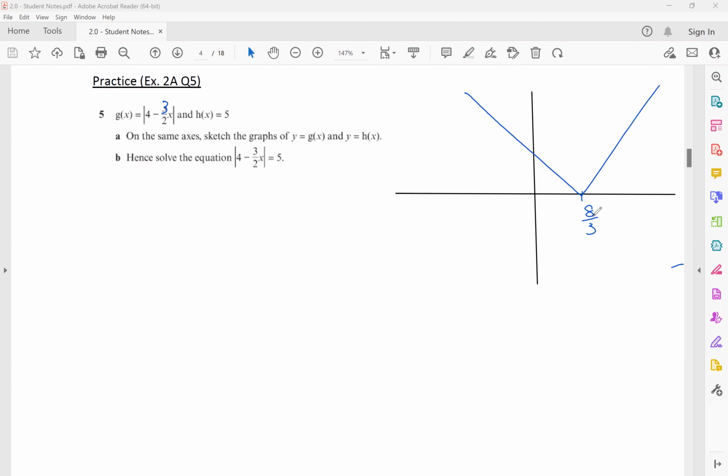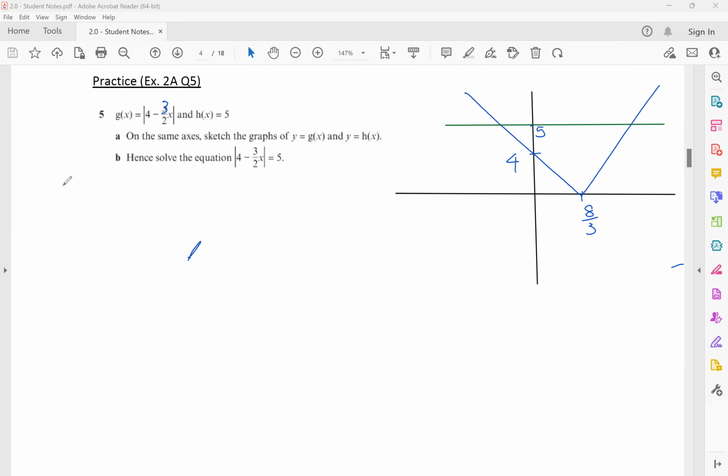Am I right? 8/3, yes. And when x is 0, that will be 4. And h of x equals 5 is a horizontal line that goes through y is 5. So that's the answer.